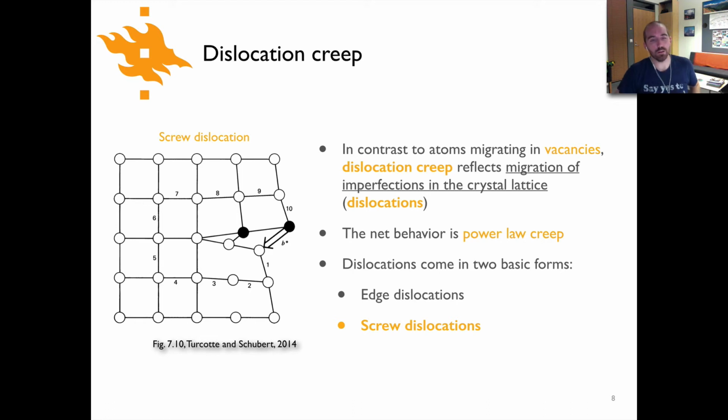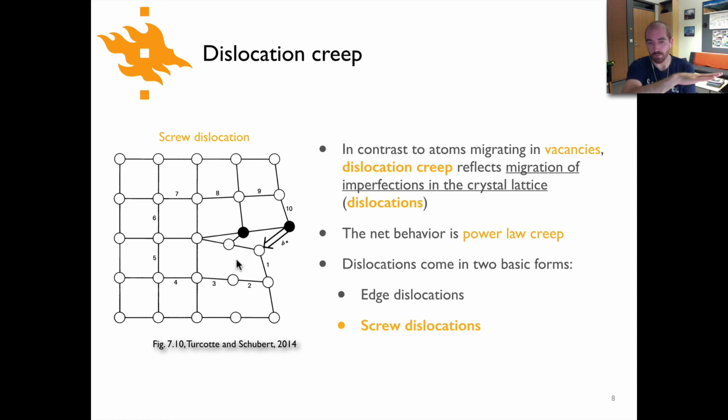A screw dislocation is the other kind of dislocation in a crystal structure, and the figure is shown here for what a screw dislocation would look like. In this case, we would have atoms that are in and out of the plane of this crystal lattice.